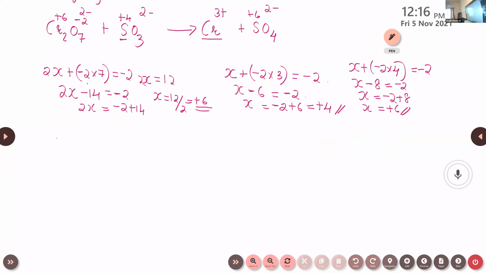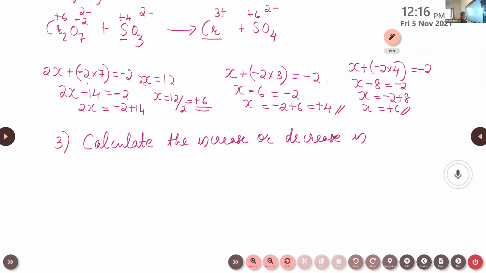Third step. Calculate the increase or decrease in oxidation number, or oxidation state.